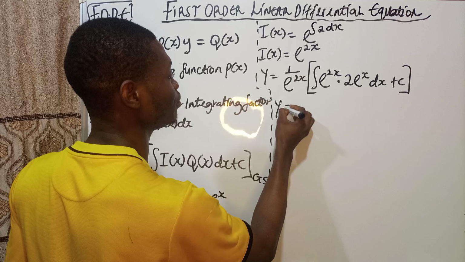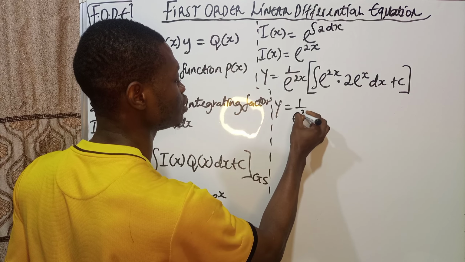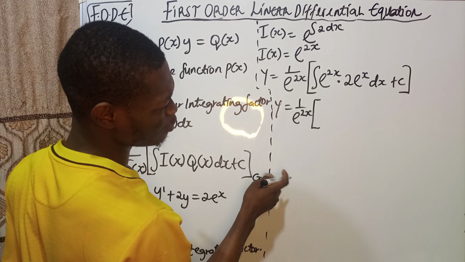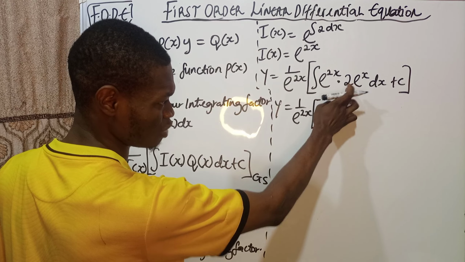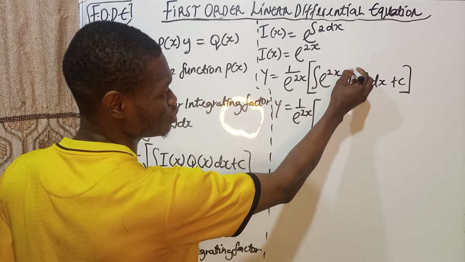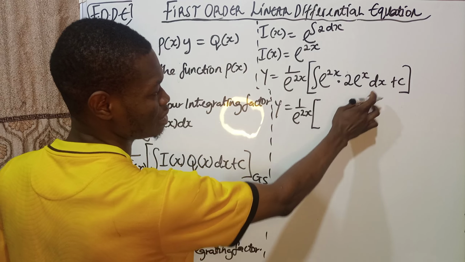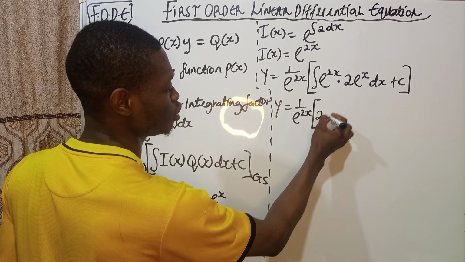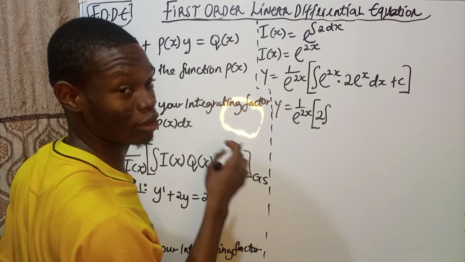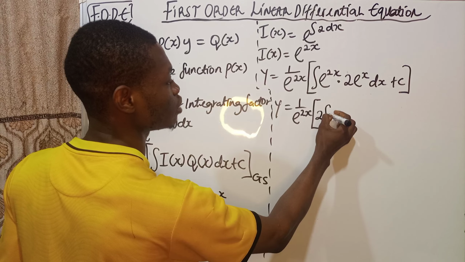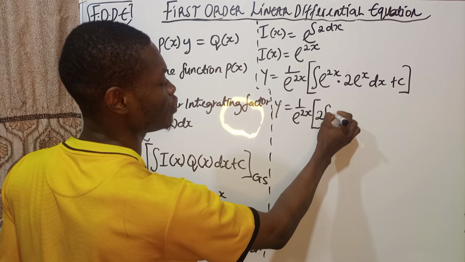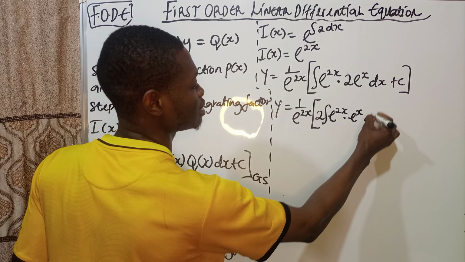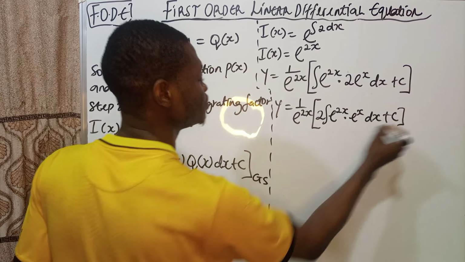So our y will now be 1 all over e raised to the power of 2x. If you look closely, we have a constant here because it's not raised to the power of x. We are integrating with respect to x, so we bring it out using the constant multiple rule. So we are going to have 2 times the integral of e raised to the power of 2x times e raised to the power of x dx plus c.